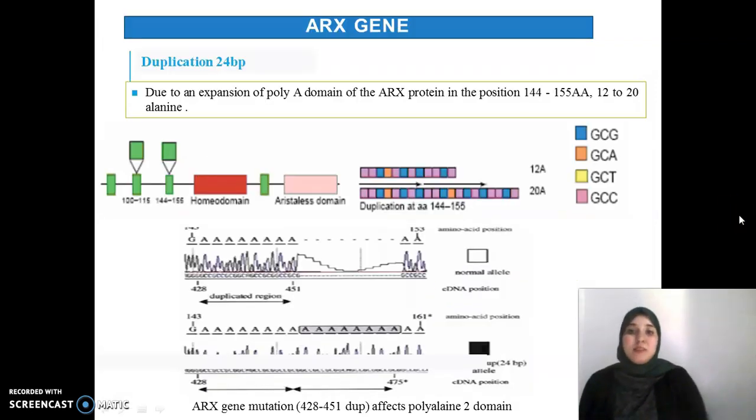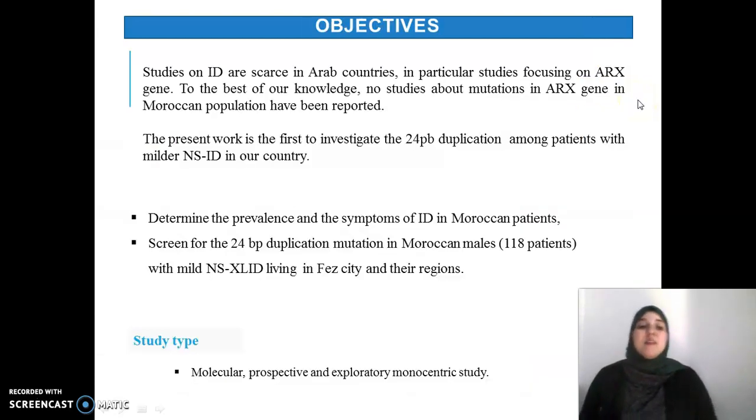It's due to an expansion of the polyalanine domain in the ARX protein at positions 144 to 155, so 12 to 20 alanines.